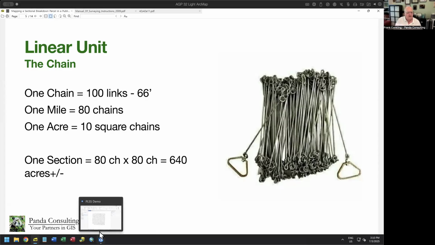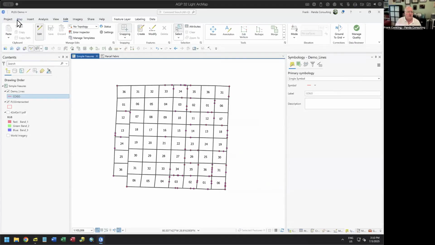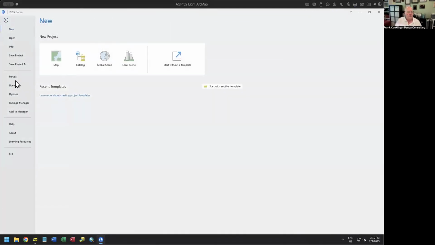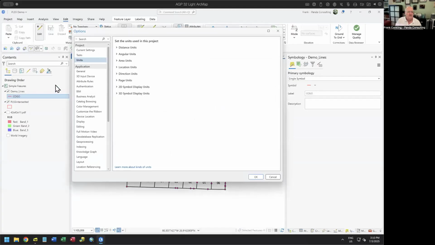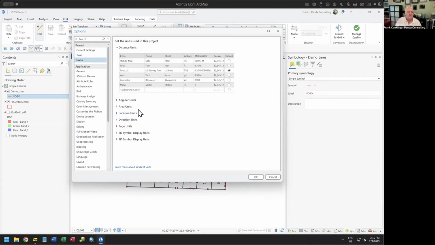Now, real quickly, in ArcGIS Pro, by default, the chain is not one of the default distance units. And if I look here, here's the units that are on here. By the way, I went to the project options, then went to units, and it turns out that chains is not here.